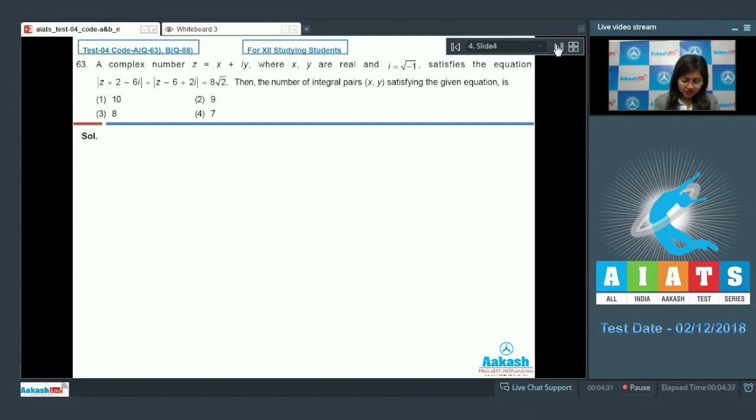So in this question it is given that, let us make the coordinate axis. This is x-axis and this is y-axis.